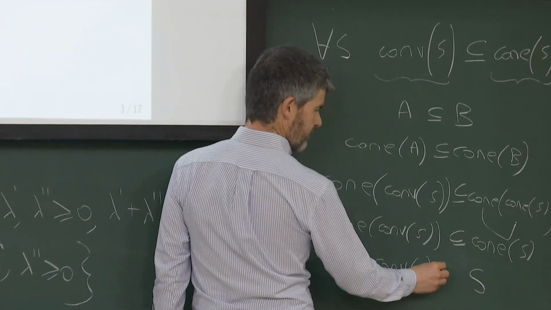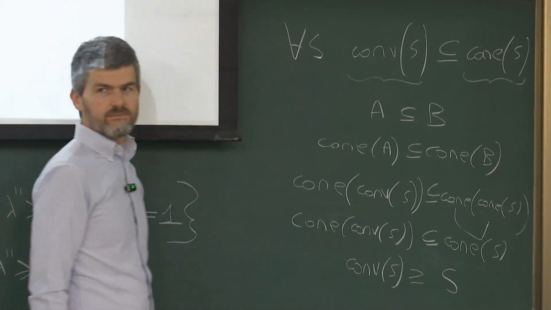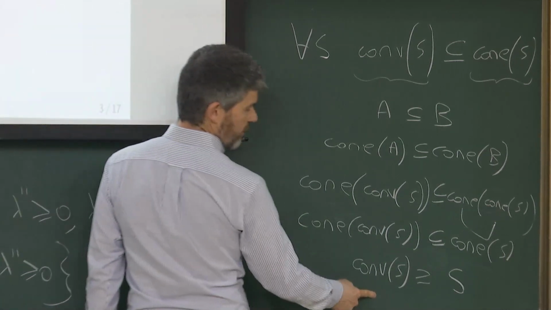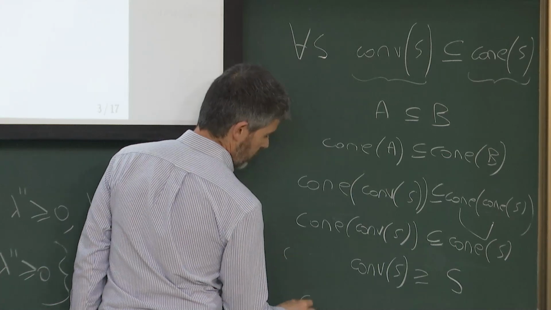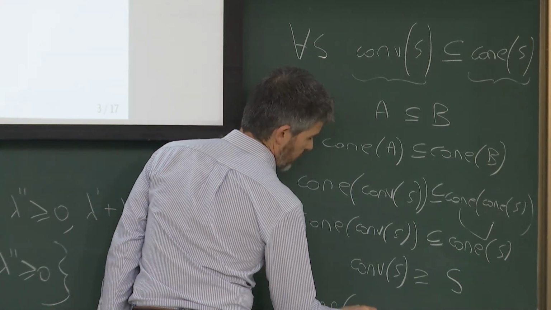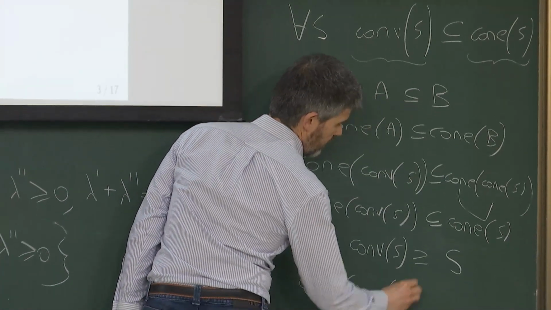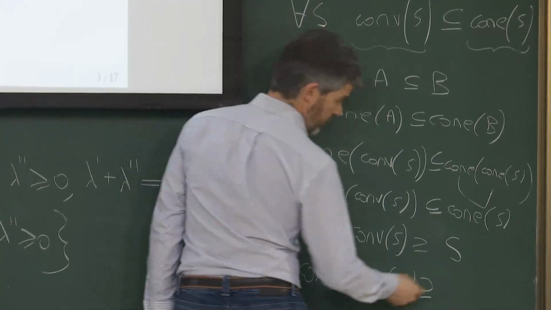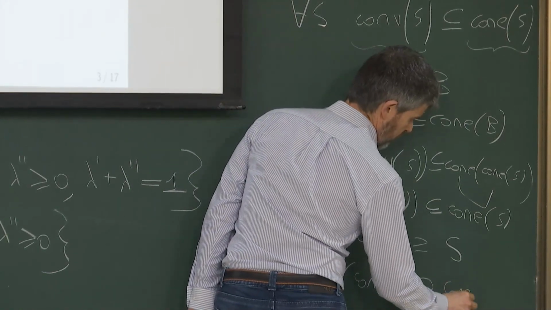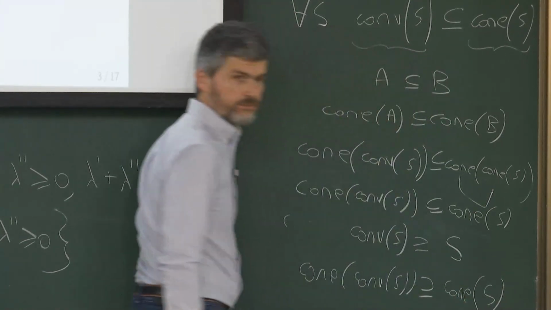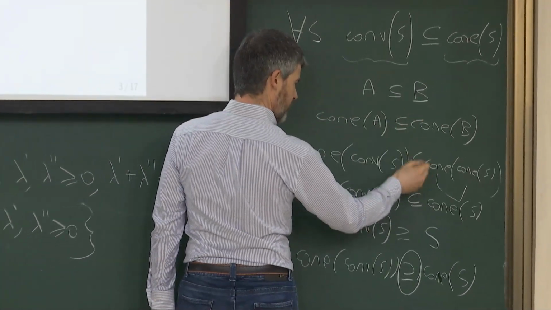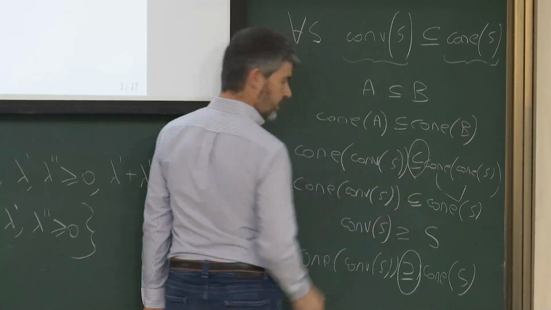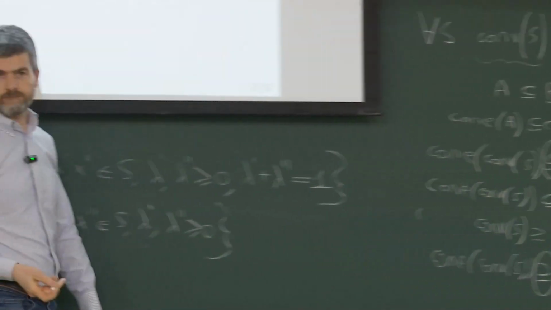As a superset. So we have two sets, one on this side, one on the other side. We take the conic hull of both, and we get the conic hull of the convex hull of S is a superset of the cone of S. Both superset equal and subset equal. The proof is done.